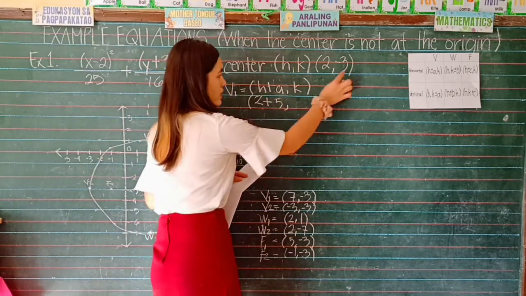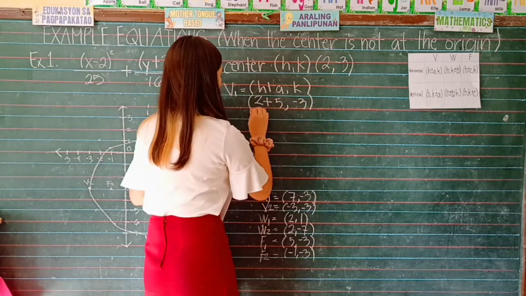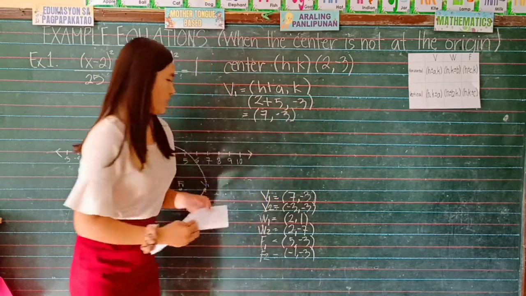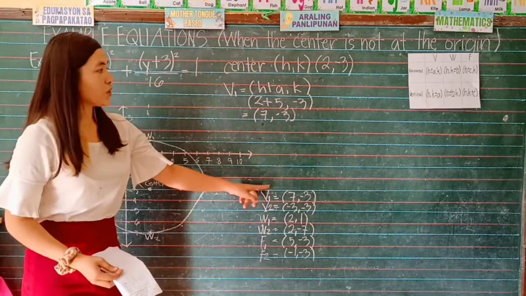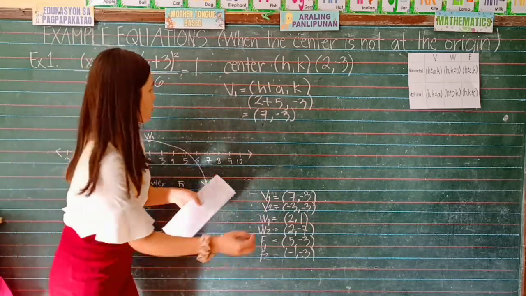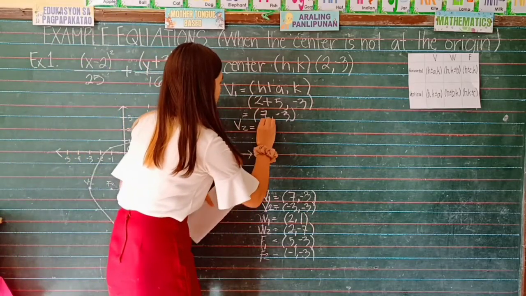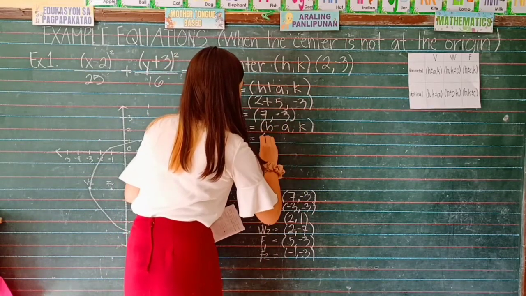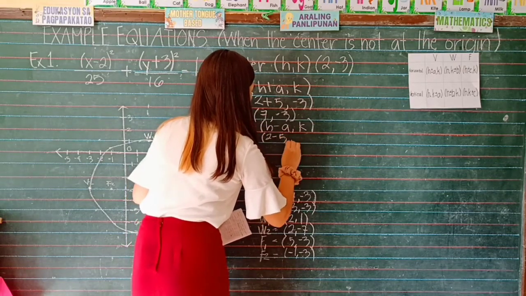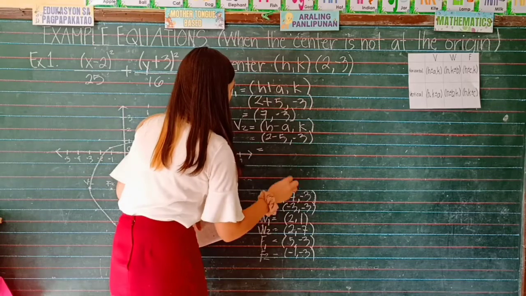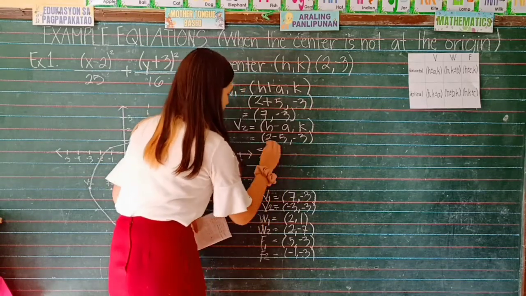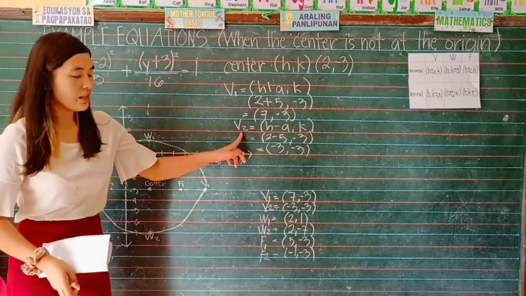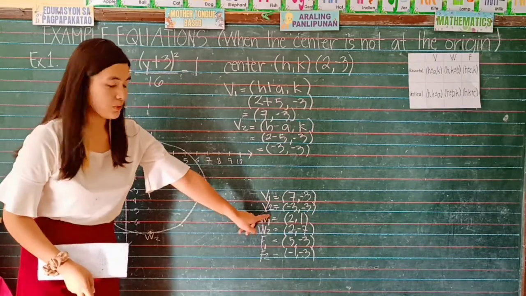And then the value of our k is negative 3. 2 plus 5 equals 7, and then negative 3. Correct? Then for the other part, 2 minus 5 is equal to negative 3, and then negative 3. That is our V sub 2.